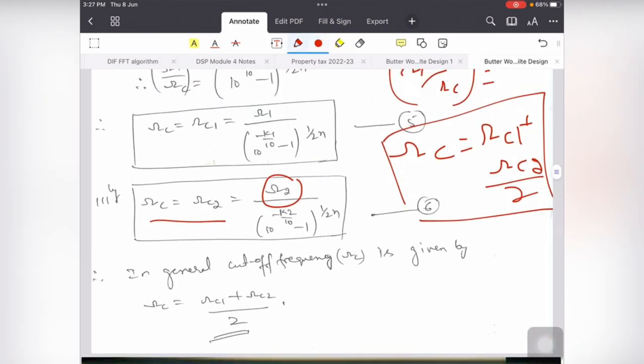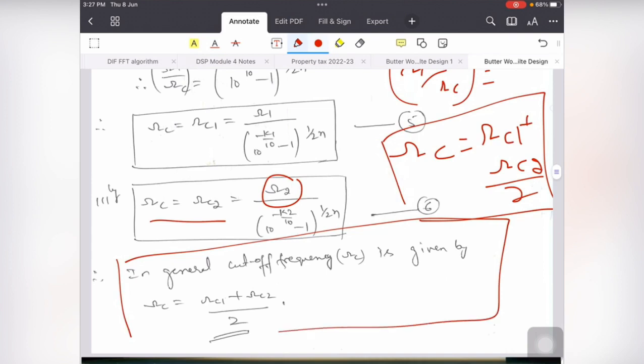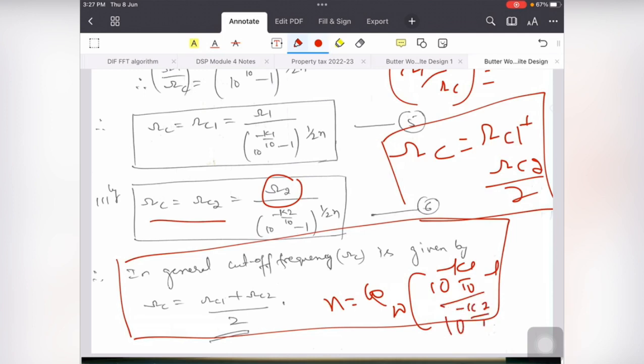So this is a very important question in examinations. They will ask it for 8 to 10 marks: derive the order n and cutoff frequency omega c for the low pass Butterworth filter. You derive both. What is n? n is log to the base 10 of (10^(-k1/10) - 1) divided by (10^(-k2/10) - 1), whole divided by 2 log to the base 10 of omega 1 by omega 2.